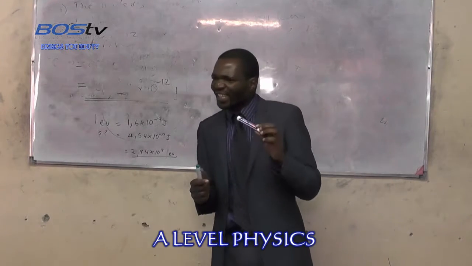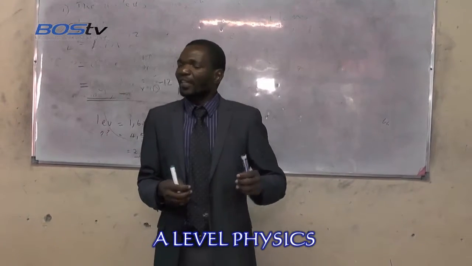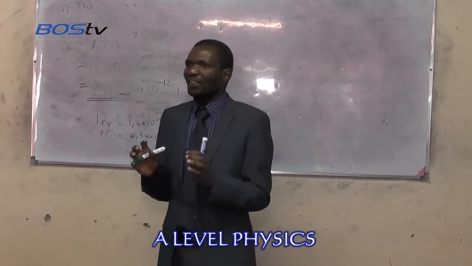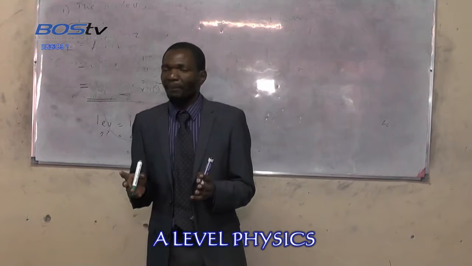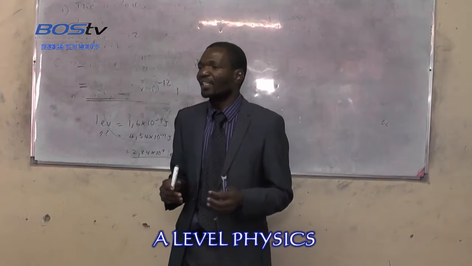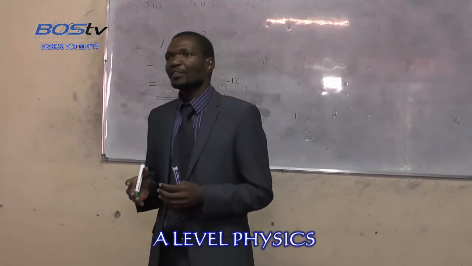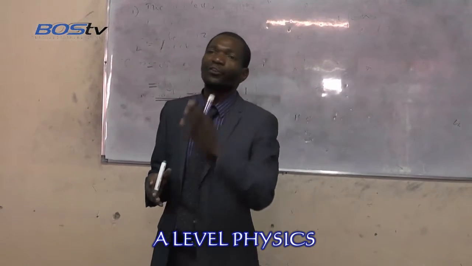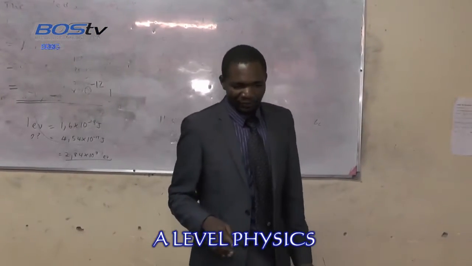So if the attractive term is larger compared to the repulsive term, then the nucleus is stable. Are we together? But if the opposite occurs, the nucleus becomes unstable and it has got the highest probability of disintegrating class.